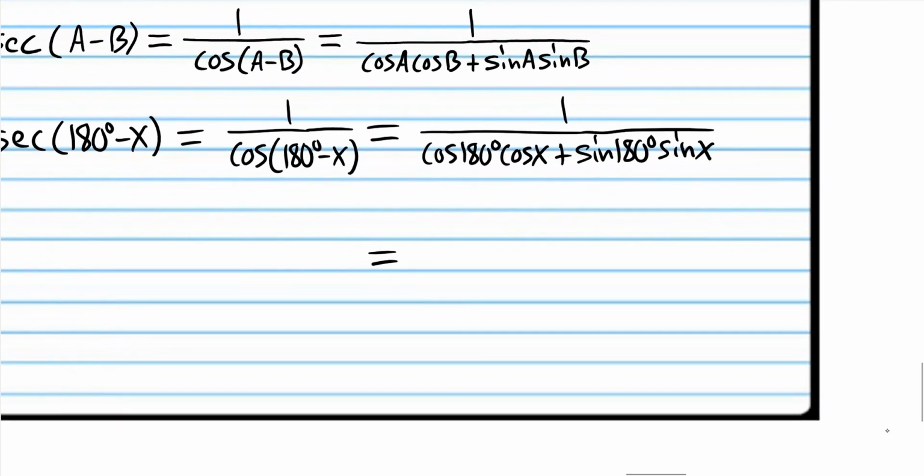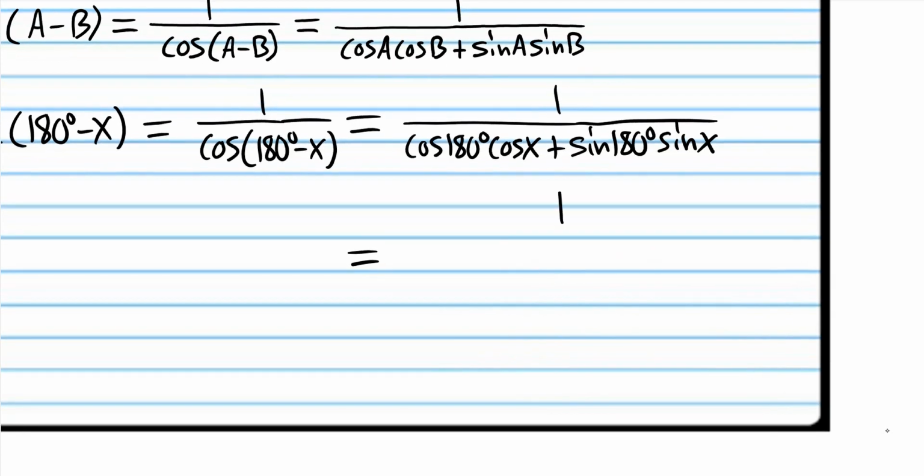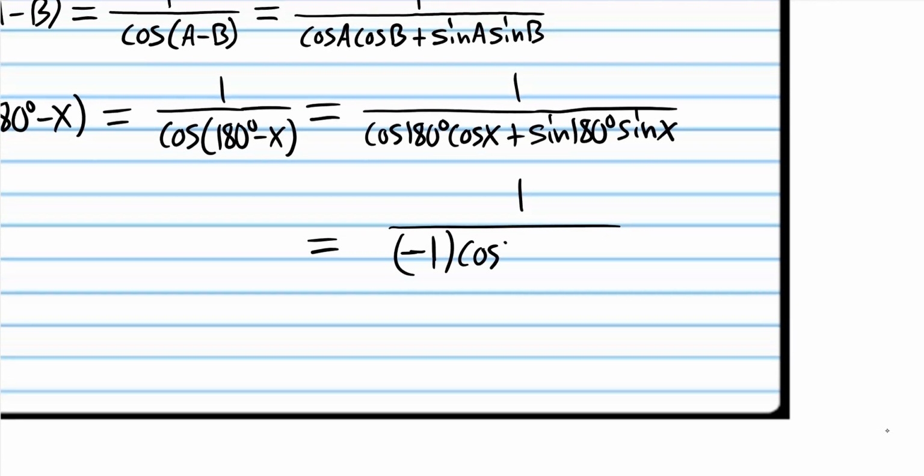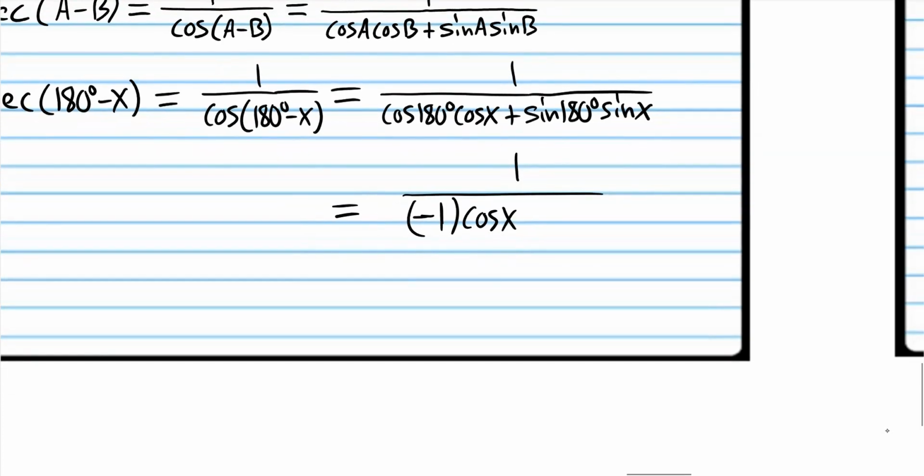Now, if you look at your cosine curve, we have 90 degrees and 180 degrees. That's at -1. So cosine 180 degrees is -1. So I'm going to use parentheses just to avoid confusion. Now sine 180 degrees, if you look at your sine curve, that's going to be 0.